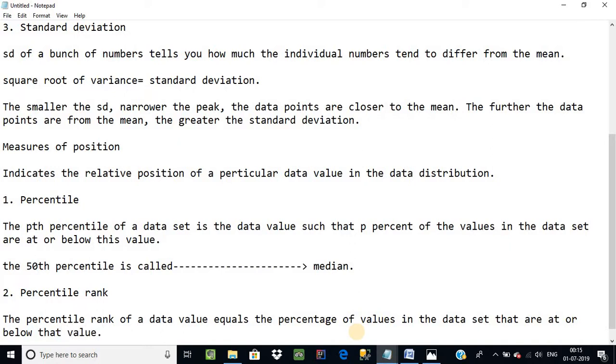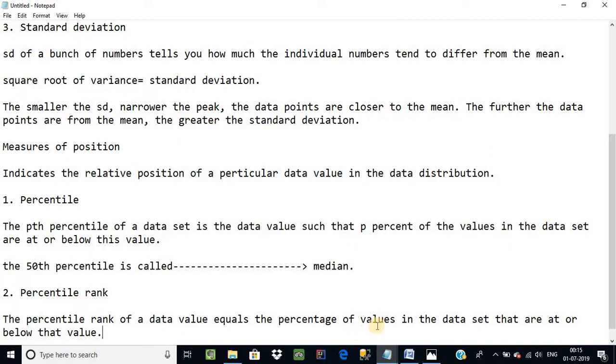For example, let us say the percentile rank of applicant one's income of $38,000 is about 90%, since that is the percentage of incomes equal to or less than $38,000.